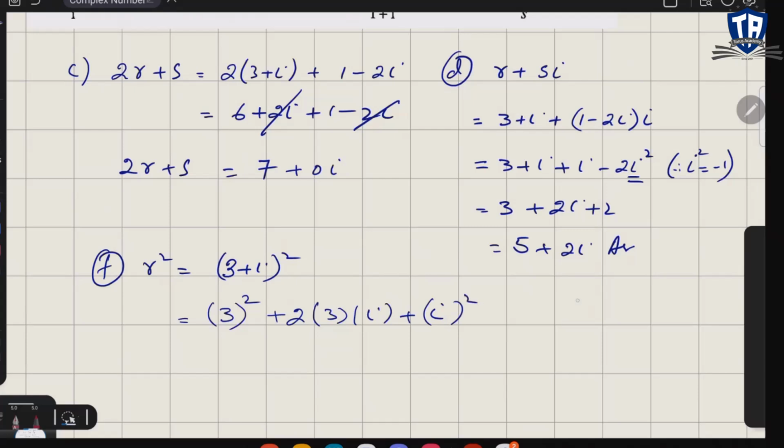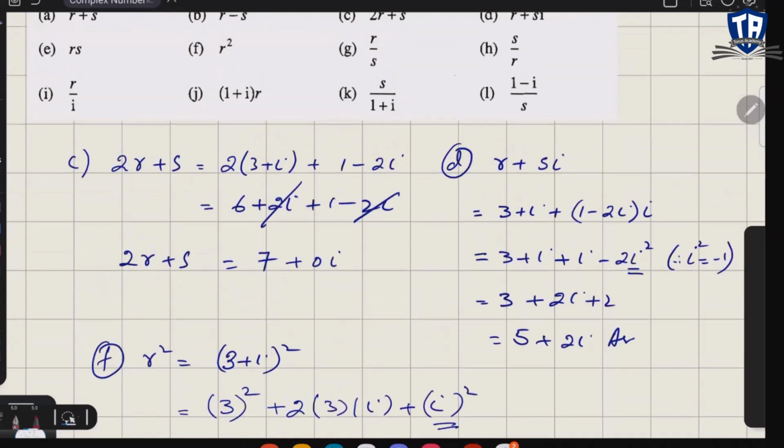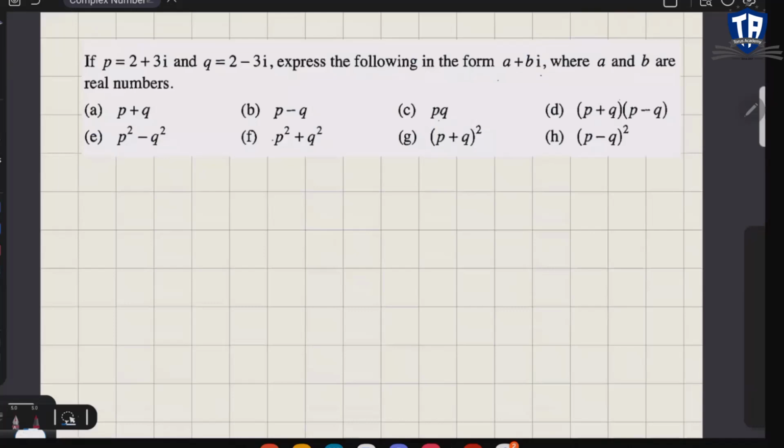And as we know that iota square is equal to minus 1, in the next step, instead of writing iota square, I directly write minus 1. It is 9 plus 6 iota, and it is minus 1. So 9 minus 1 is equal to 8. So 8 plus 6 iota. So the final answer is also in the form of a complex number. So this is how we get the answer. So these are the questions. You can pause the video here for practice, attempt all the parts.